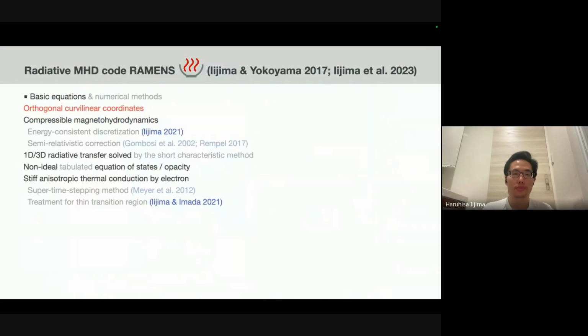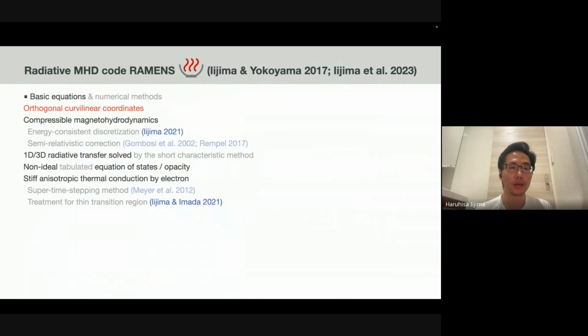We have also developed this kind of code, which is called RAMENS, the radiative magnetohydrodynamic extensive numerical solver. The basic equations are the compressive MHD and radiative transfer equations, the non-ideal equation of state and opacity, and stiff anisotropic thermal conduction along the magnetic field lines.